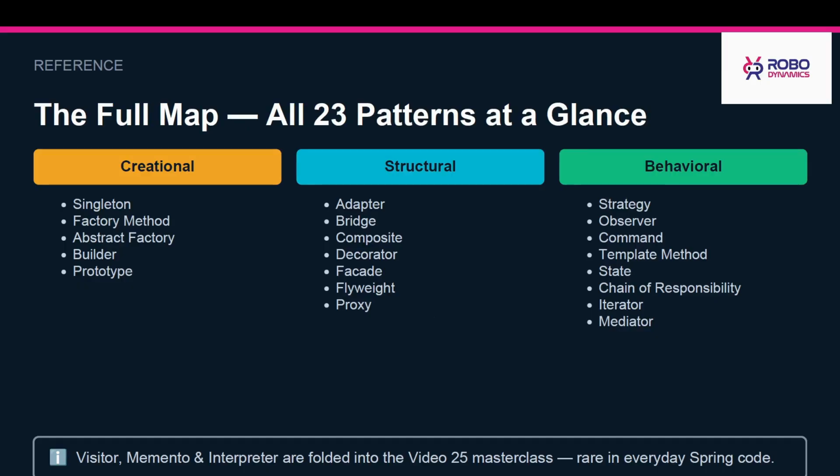Now these are the 23 design patterns. Singleton, factory method, abstract factory, builder, prototype are creational patterns. Adapter, bridge, composite, decorator, facade, flyweight, proxy are structural patterns. Strategy, observer, command, template, state, chain of responsibility, iterator and mediator are behavioral patterns.